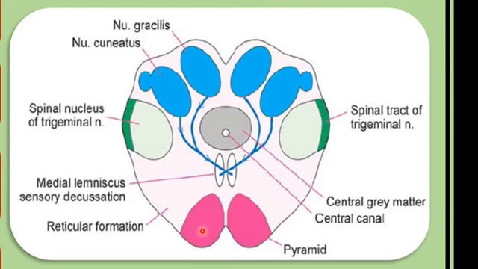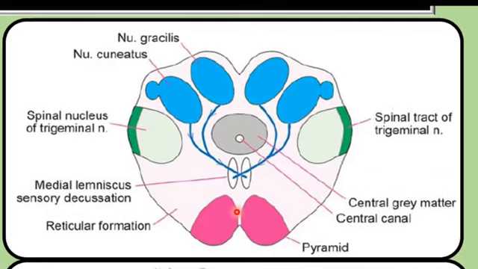But we can notice some slight differences. What are those differences? Now, the nuclei here, the nucleus gracilis and nucleus cuneatus, are larger at this higher level, while the tracts, the fasciculus cuneatus, the tract here, fasciculus gracilis, are already getting smaller.